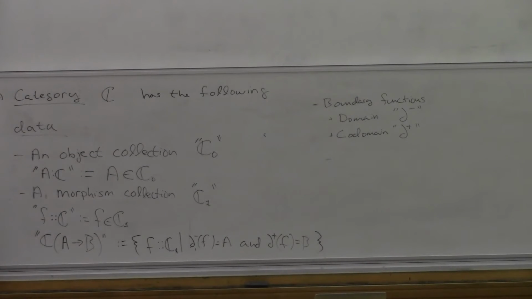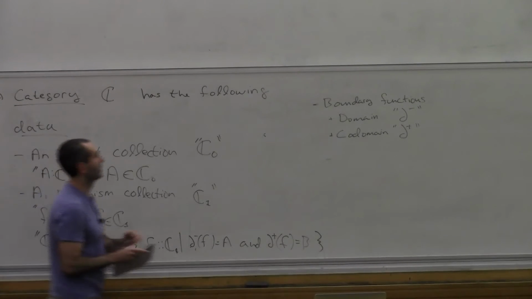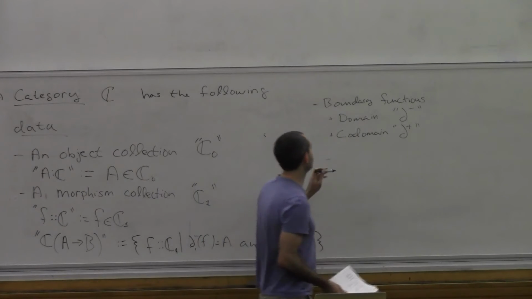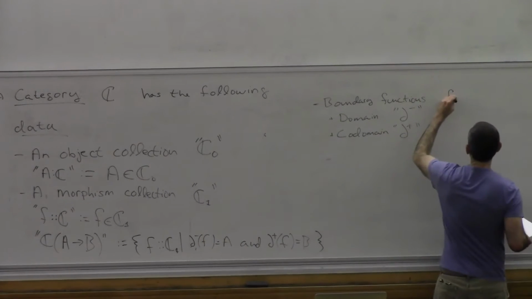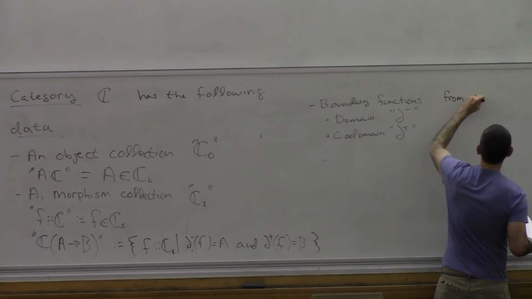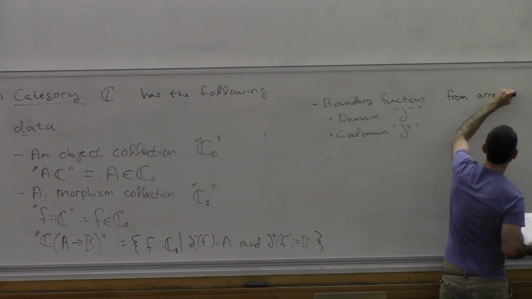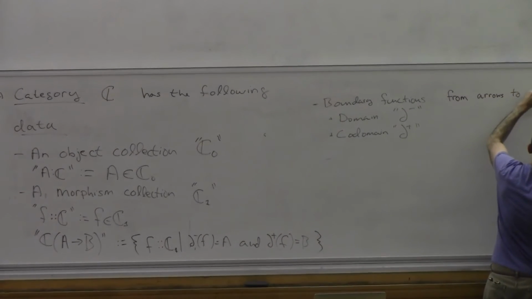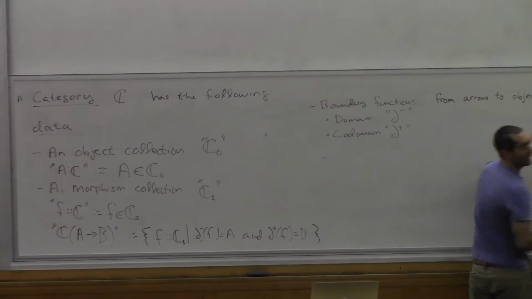Okay, so far? Question? So arrows could have domain, codomain not in this category, not in C0? The boundary functions go from arrows to objects of the same category, right?